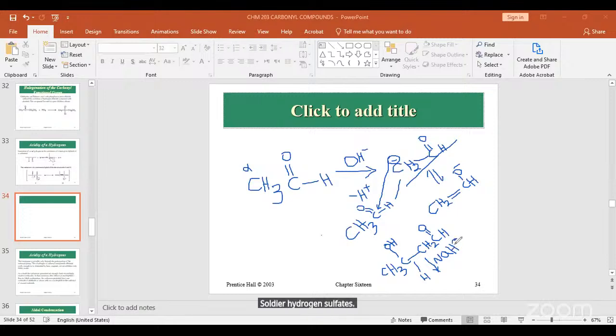It will lose a molecule of water. Let me rewrite it. So I can remove the molecule of water. You have the H up here, so this will come down and this will be lost.